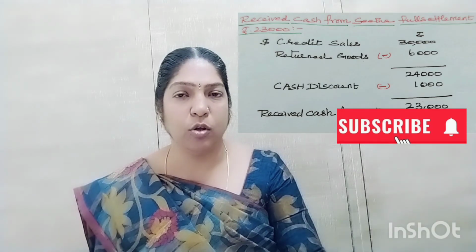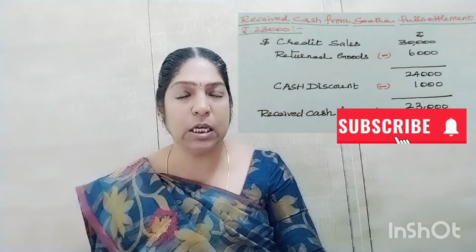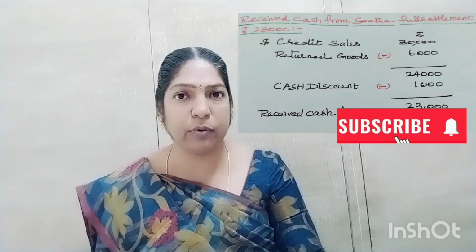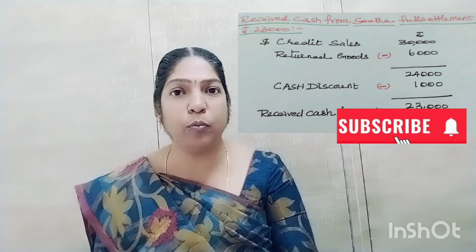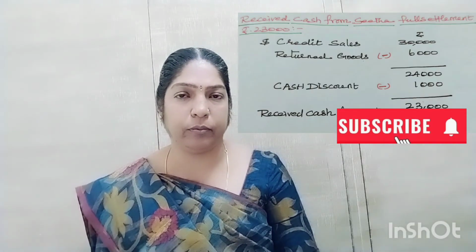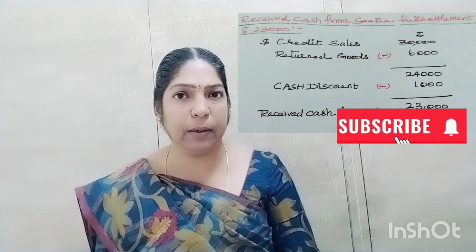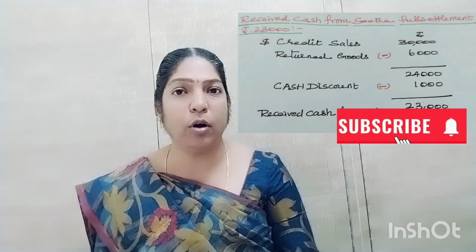So when you received full settlement cash from Sita, you gave her 1,000 rupees cash discount. Do you understand? So what accounts are involved here? There are three accounts involved here. What are they? Cash account, discount account and Sita account.